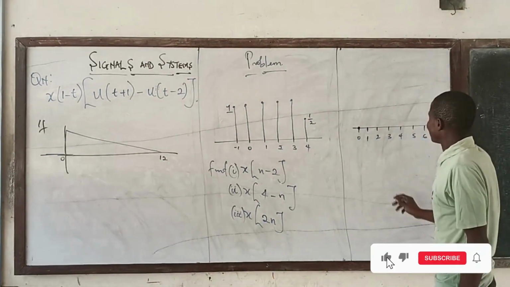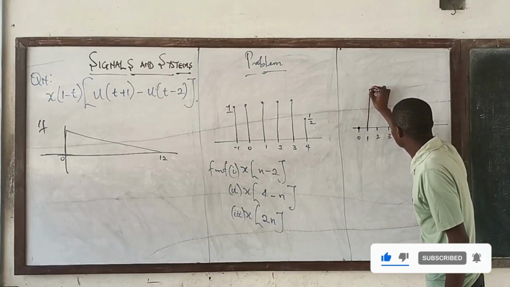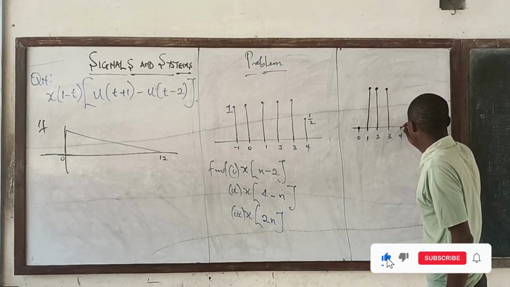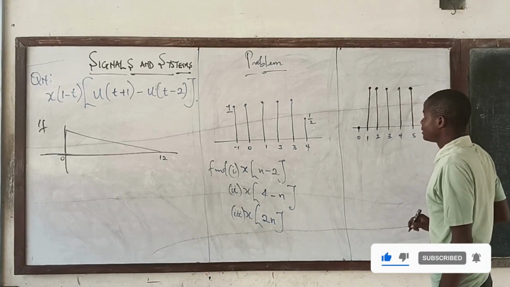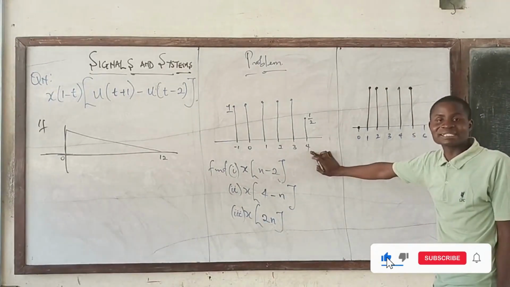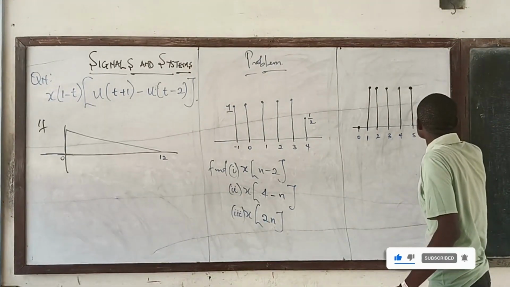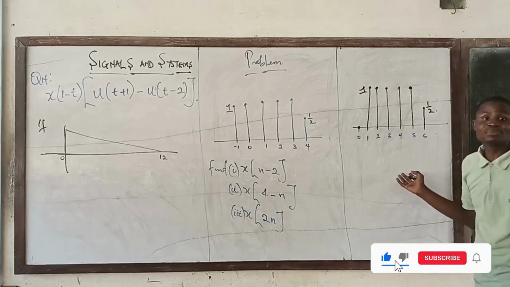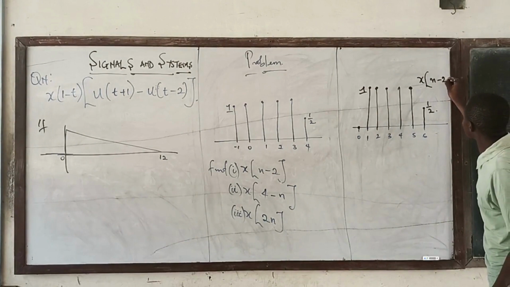So here by -2, I will start from 1. Then when I get to 6, because what is at 4 in the original signal will be appearing at 6 here now. So it's going to be like this. I have this to be 1, and I have this to be 1/2. I am done with x[n minus 2].